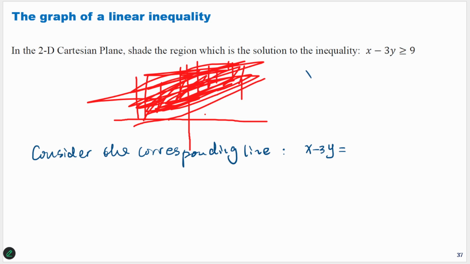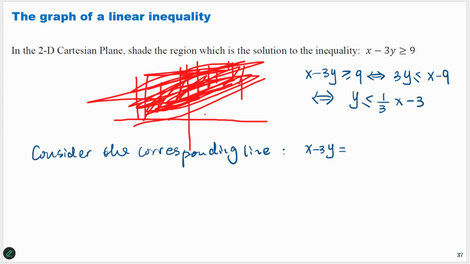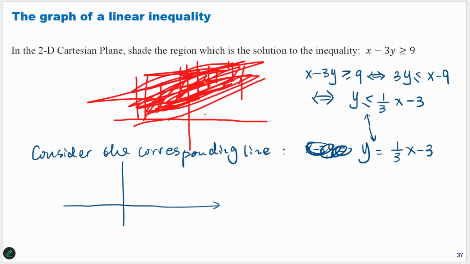First of all, let's convert this to a function form. So this is equivalent to 3y is less than or equal to x minus 9, which is equivalent to y is less than or equal to 1/3 of x minus 3, right? Let me consider the corresponding line. The corresponding line is just changing the inequality symbol to an equality symbol here: y equals 1/3 of x minus 3. So first of all, we can draw a graph of that line, right?